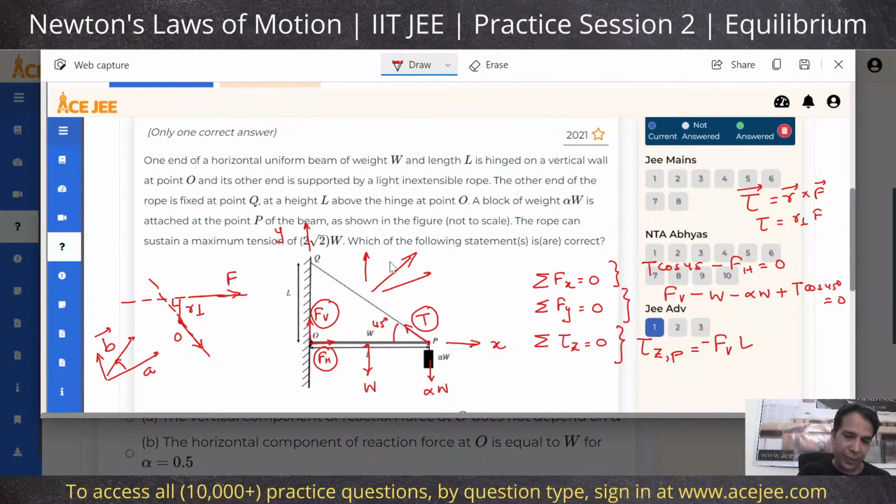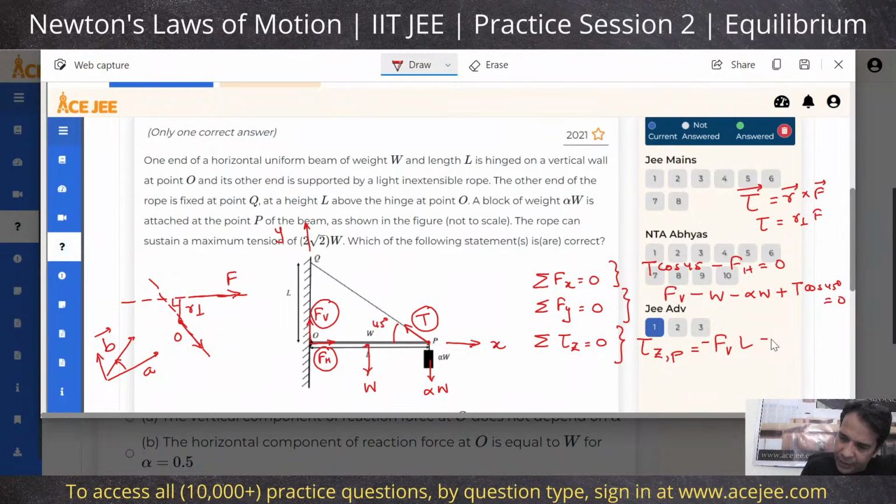But it will have two components, one in the horizontal direction, one in the vertical direction. That's what Fv and Fh are: the reaction forces acting on the rod by the hinge, by the wall. Is that clear? Yes, sir. Okay.